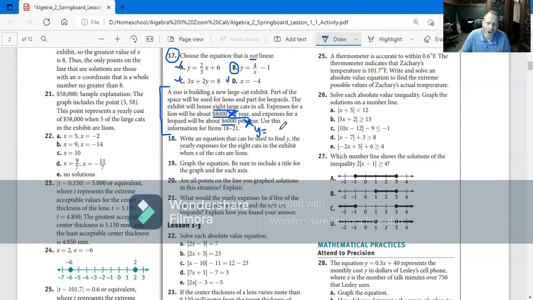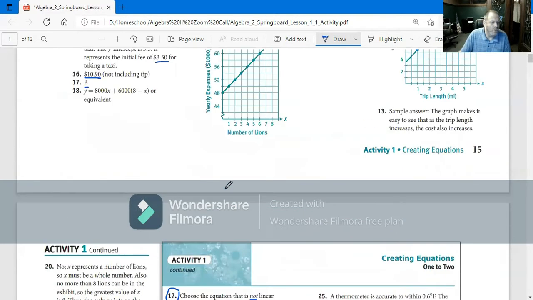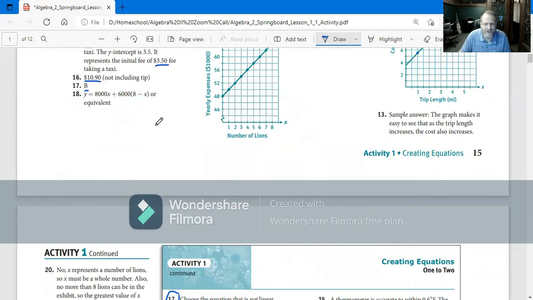So we can say x of the cats are lions, but then there are 8 cats, so the leopards are the difference from that. So let's create an equation, and I'm going to rewrite this for number 18.